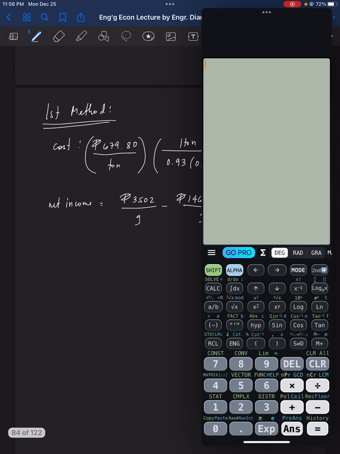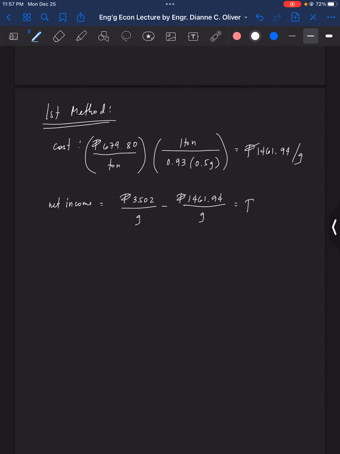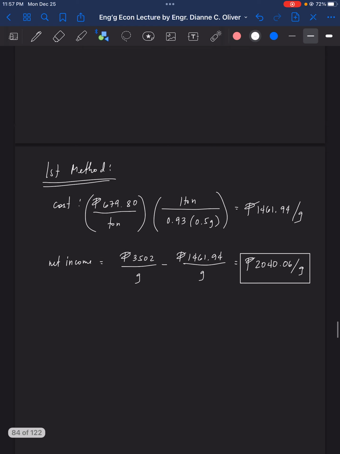So we have here 3502 minus 1461.94. So that is 2040.06 per gram for the first method.